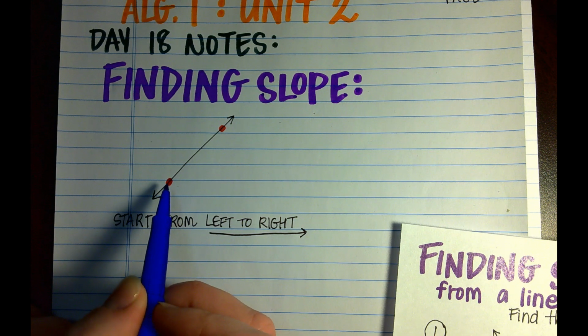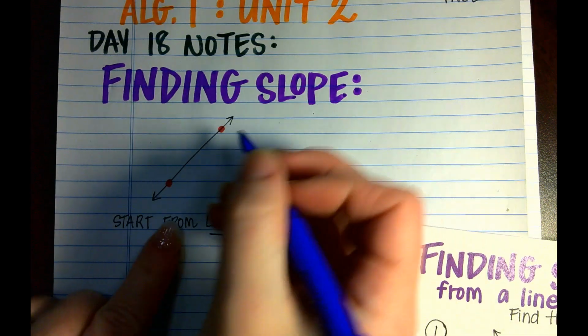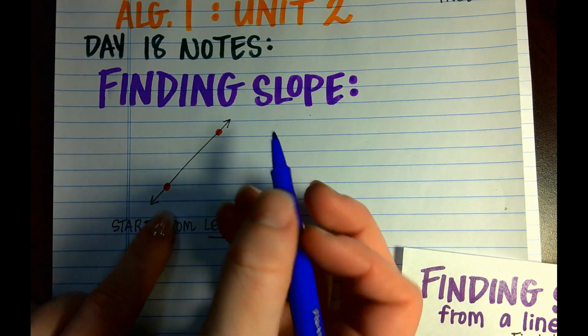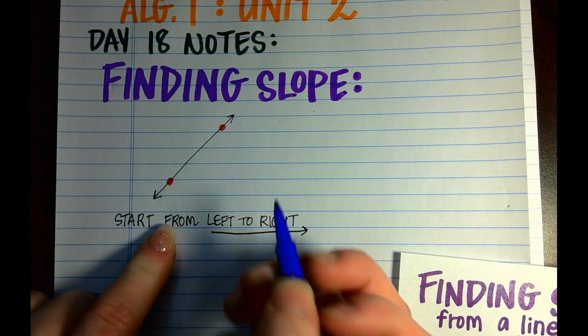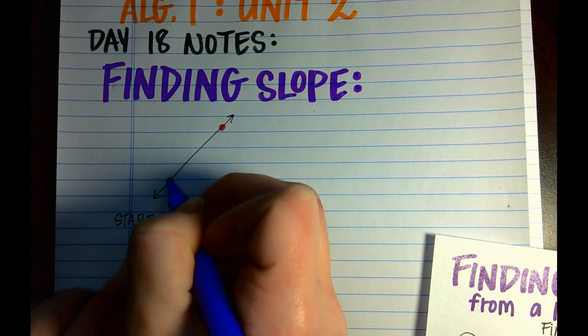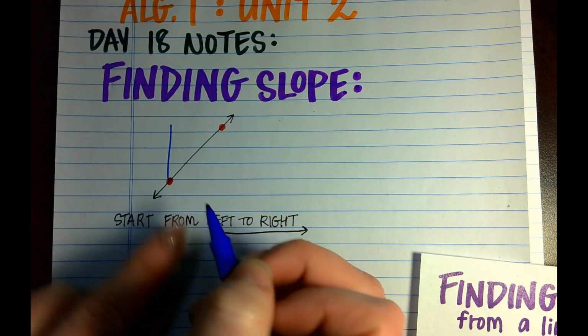So our first one is over here, and we start by counting the rise. When we are counting the rise, one of my favorite ways to do that is, again, starting from left to right, if the second point is higher, then we start here and we go up to count the rise.